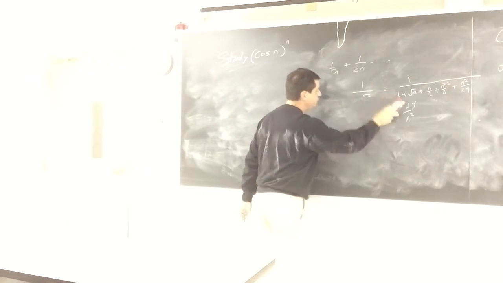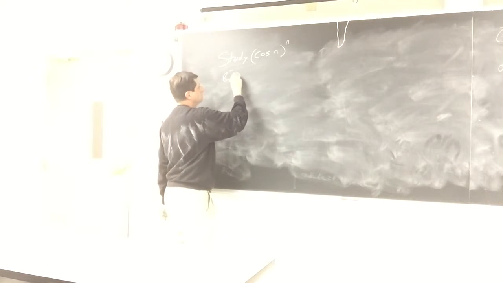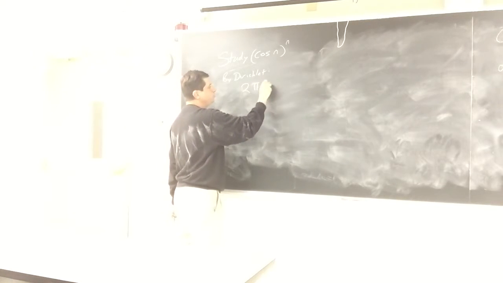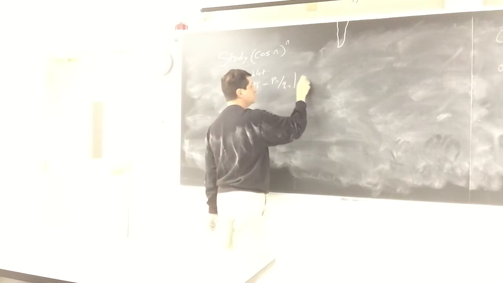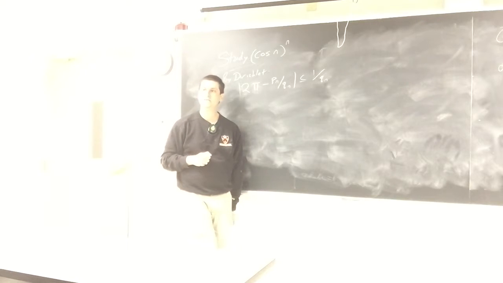So this was meant to be motivation. So by Dirichlet, we can do |2 pi minus pn over qn| less than or equal to 1 over qn squared for infinitely many n. So we can form a sequence like this.